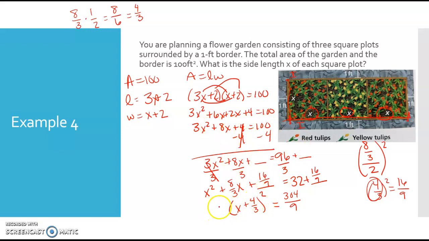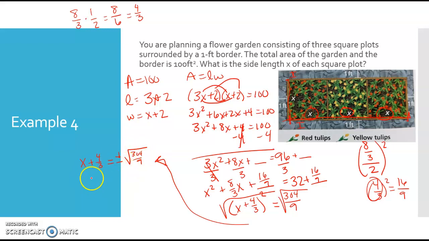And then it wants us to solve. So I've got to get this squared away. So I'm going to square root everything. And so what that gives me after I square root is x plus 4/3 equals, technically, plus or minus the square root of 304/9.